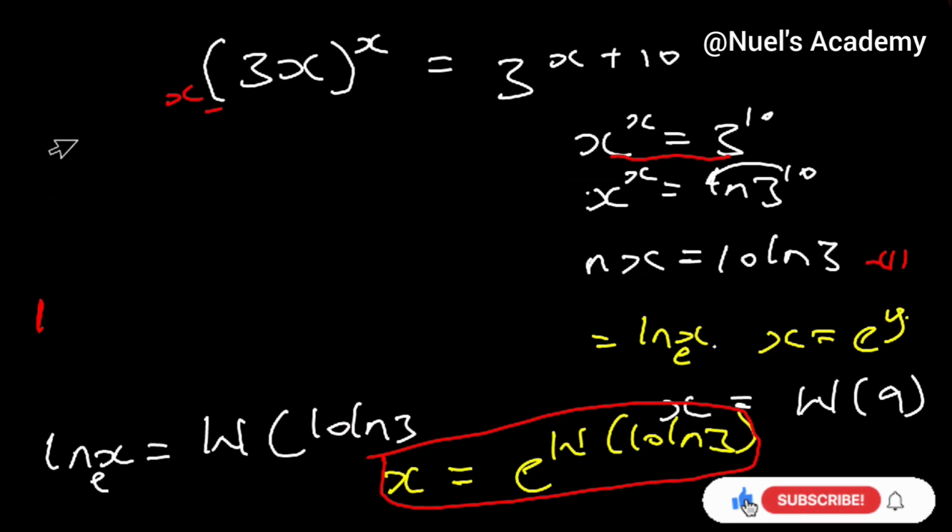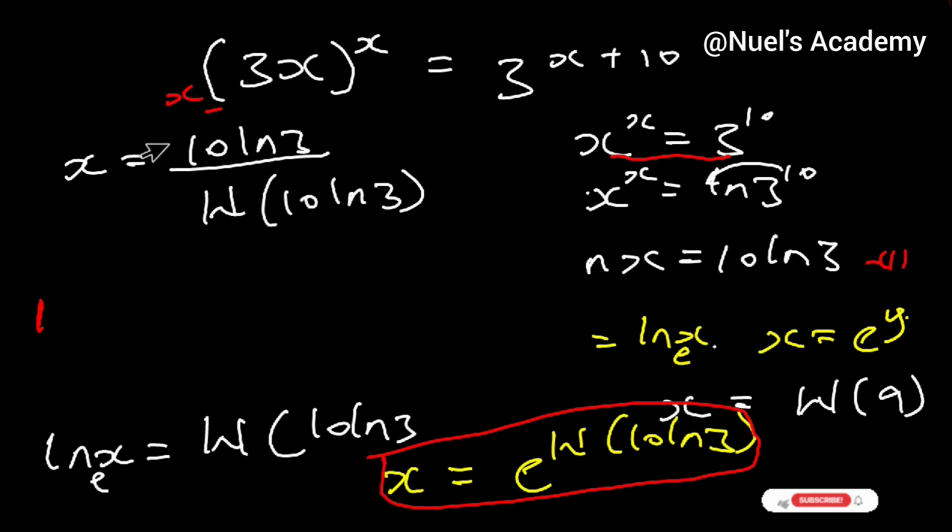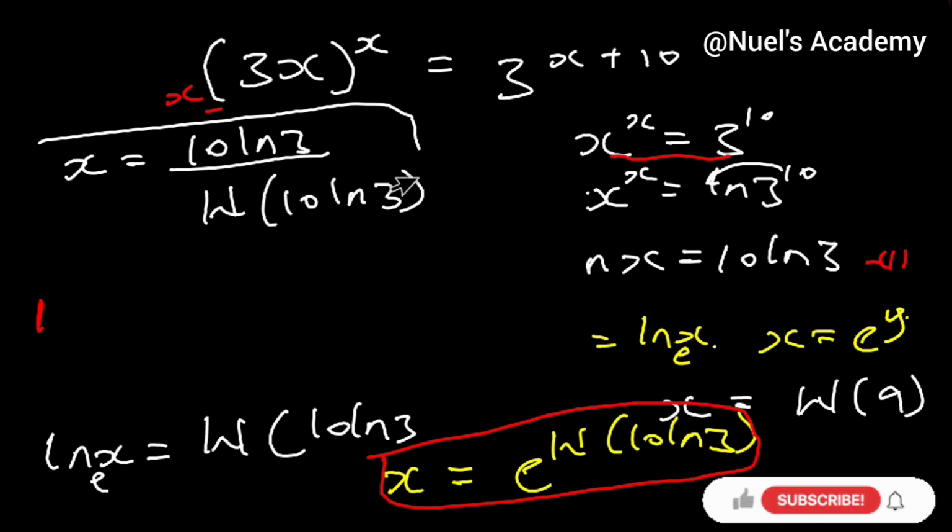In another form, it can be written as x is equal to 10 ln 3 over W(10 ln 3). This is your exact value of x.